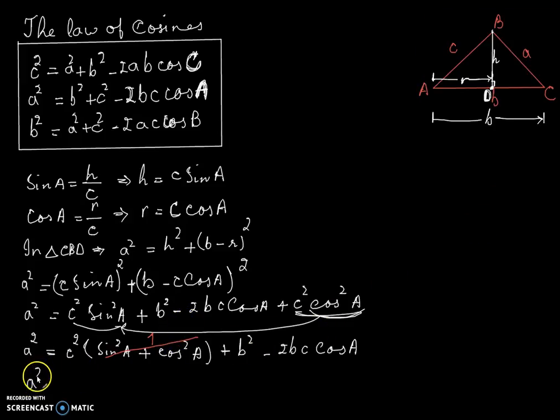So then you can write A squared is equal to C squared plus B squared minus 2bc cos A. And that's basically the one that we had over here. In the same way you can derive the other two as well.